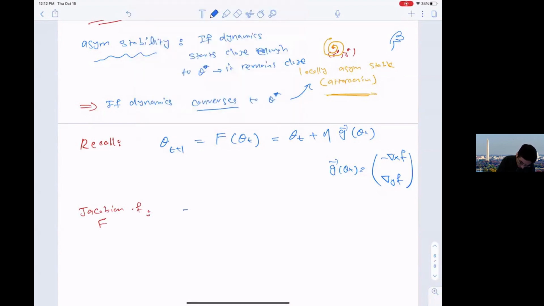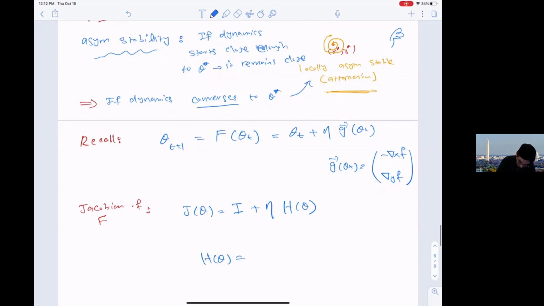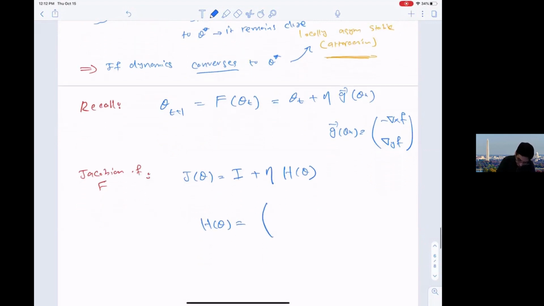The derivative of the first part is basically the identity plus eta, which is a constant. The derivative of my gradient would be the Hessian matrix. And that Hessian matrix is basically defined as the following.